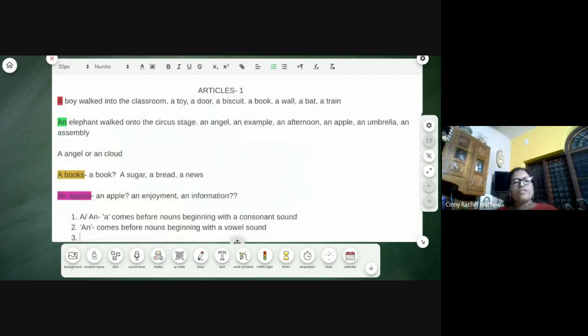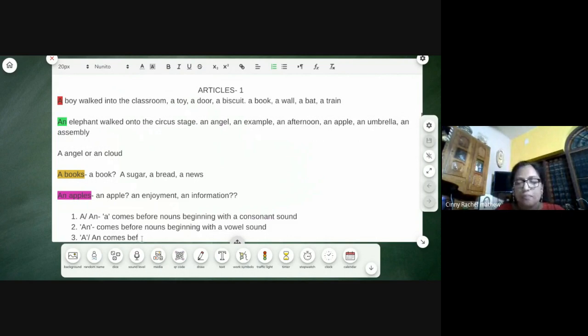The next set of rules, again, they come as two rules. For example, the indefinite article a comes before, in fact, that rule is applicable to both a and an.